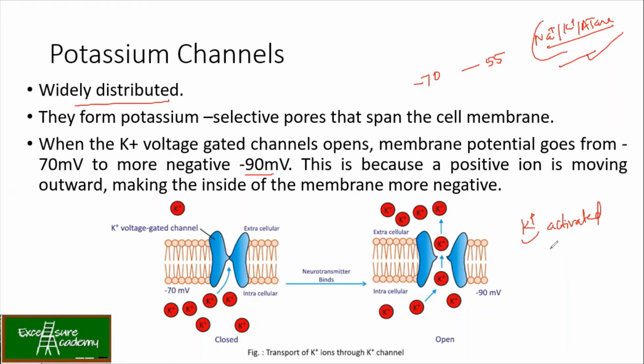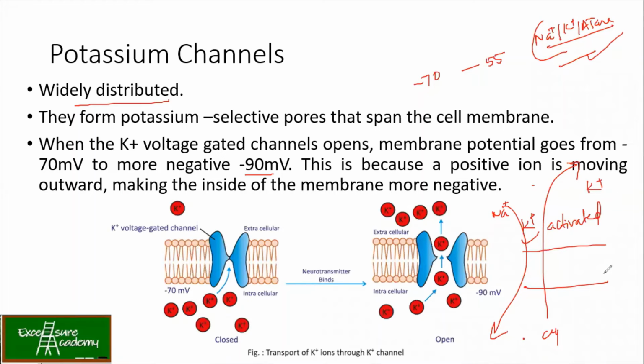Now what is happening here, this has got the opposite effect. In the case of Na plus, Na plus will try to come inside. From extracellular, it will come inside the cytoplasm. But when the K plus channel gets activated, they go out from the cytoplasm towards the extracellular side. So what is happening?